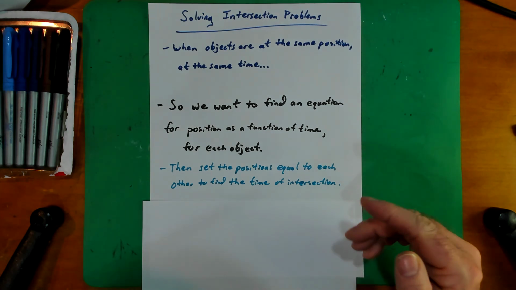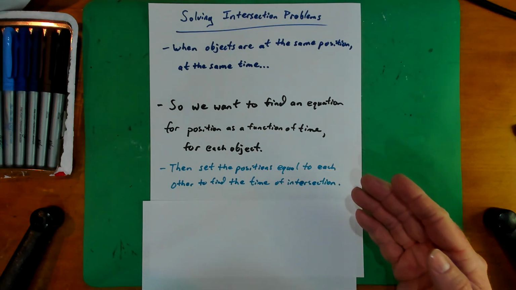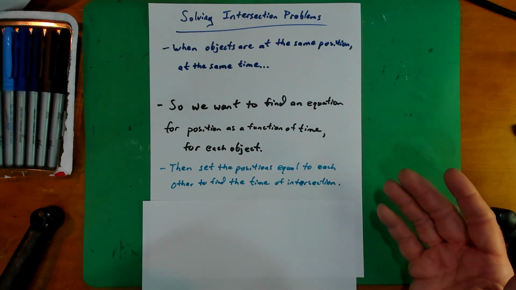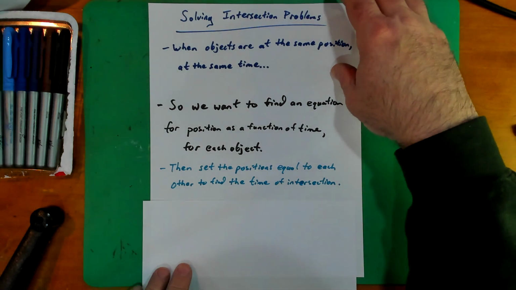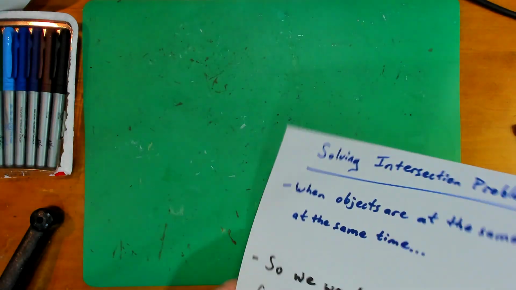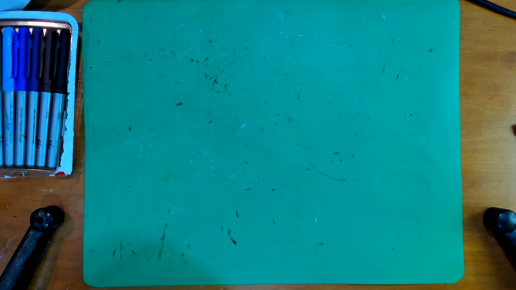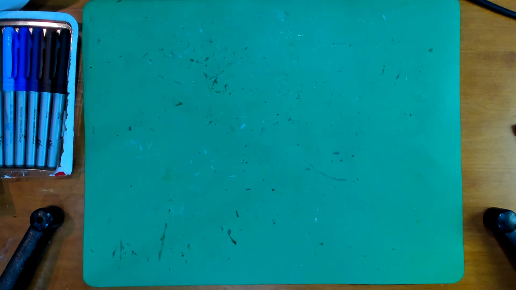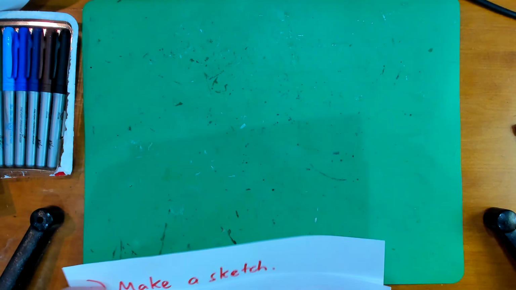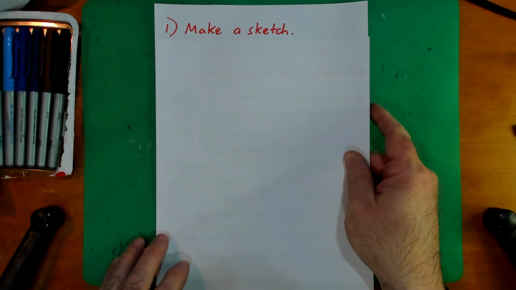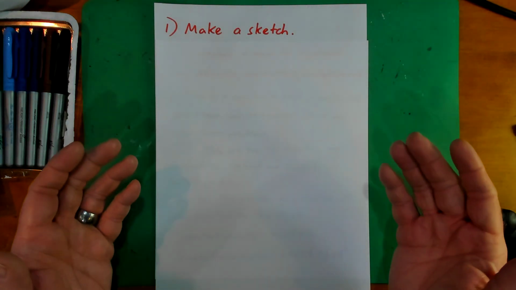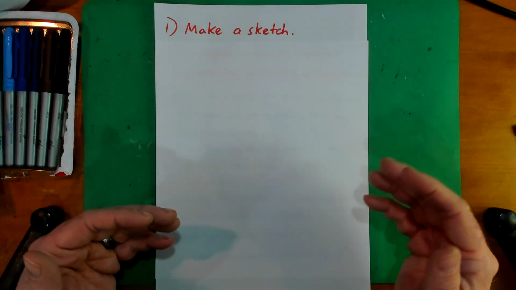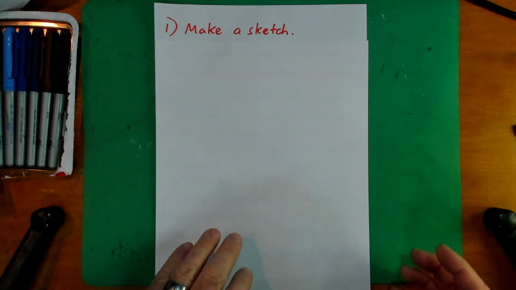You're probably wondering, how do you go about finding those equations for position as a function of time? Intersection problems are a little bit more complicated, and our first step is always going to be to make a sketch. We're going to make a sketch of the situation showing the two objects and how they're going to move.